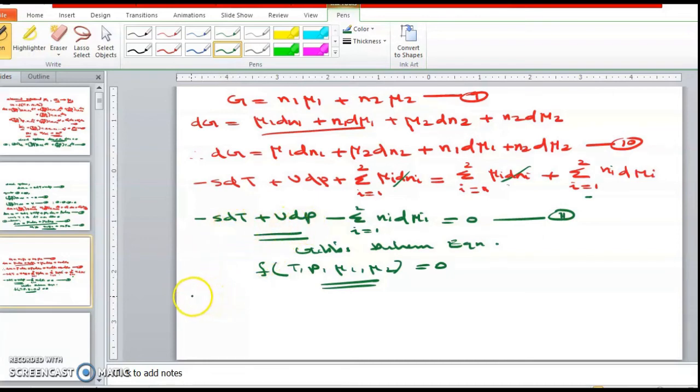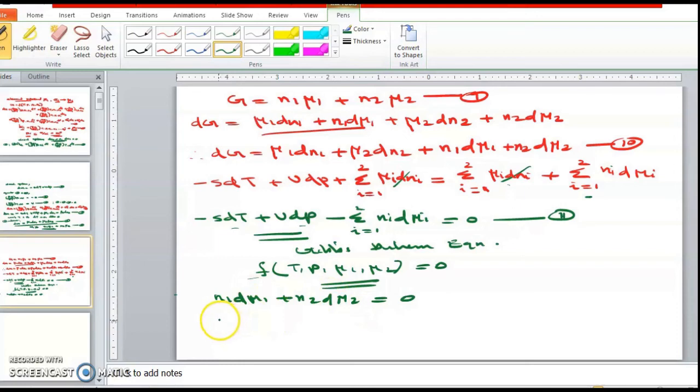So equation 11 reduces to, for a binary system, n1 d mu1 plus n2 d mu2 is equal to 0. Because this term is 0, this term is 0, what remains is the term sigma n i d mu i. We have split it for a binary system, n1 d mu1 plus n2 d mu2 is equal to 0.